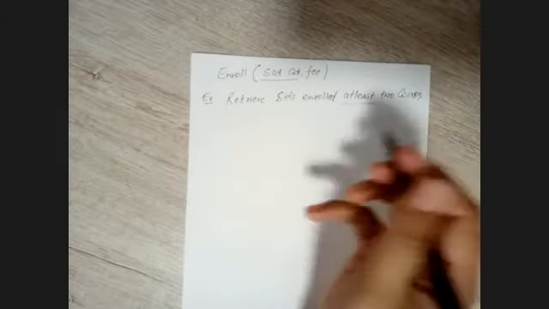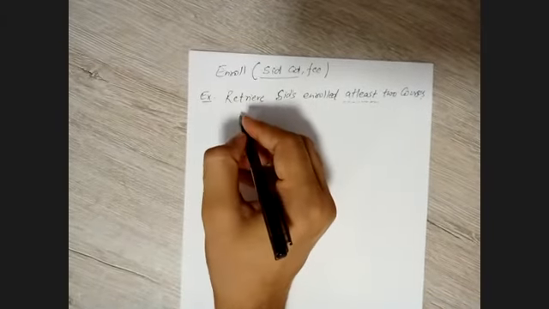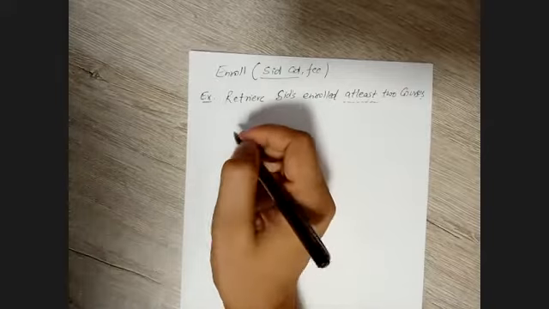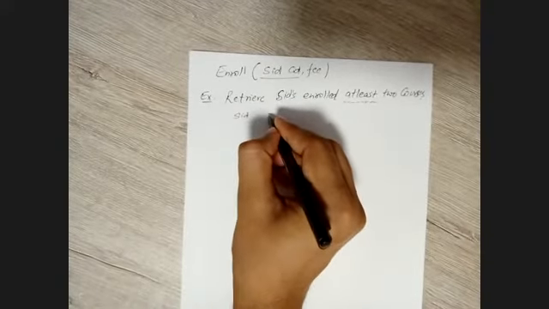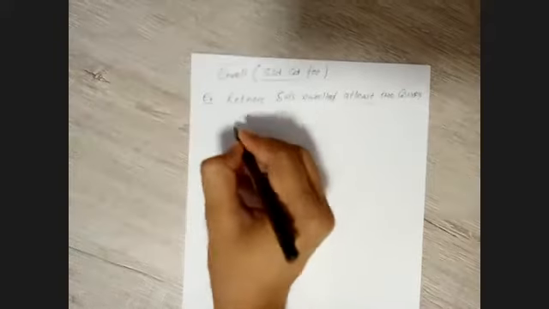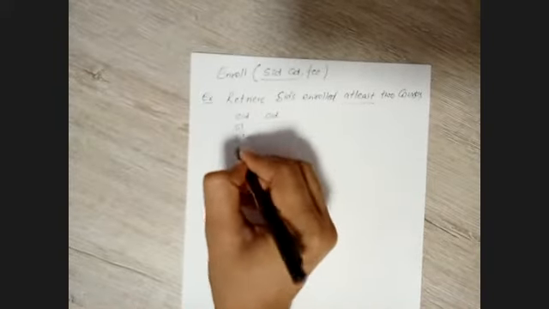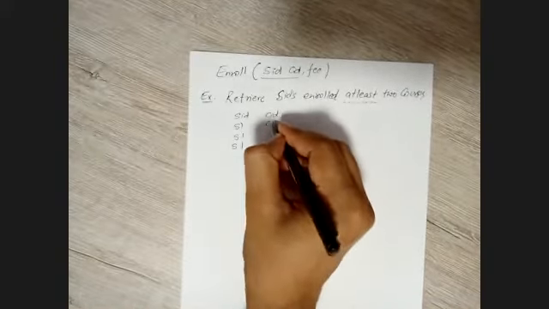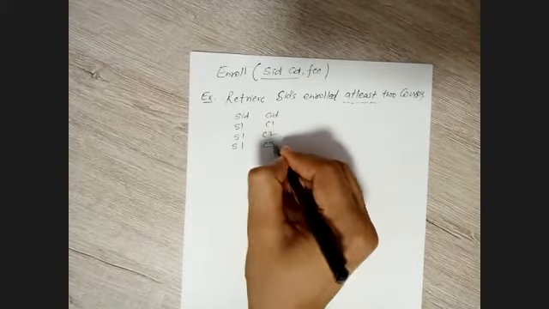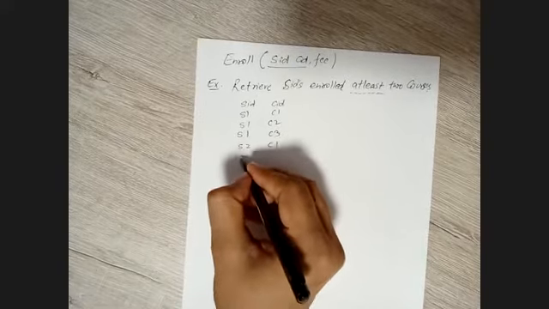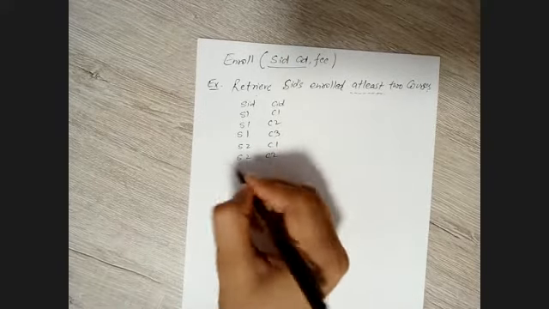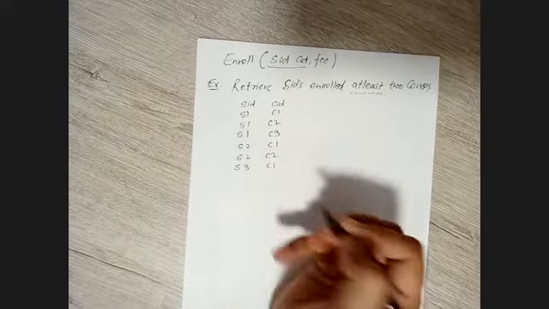Understand now. Let us take an example and understand with its help. For example, let's take some values of SID and CID. Some S1 with, let's say, C1, C2, C3. With S2, let's take C1 and also S2, C2, and S3 with this.